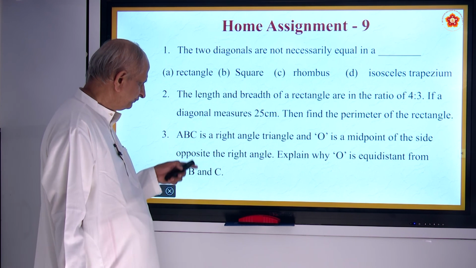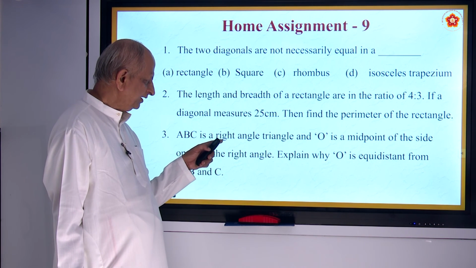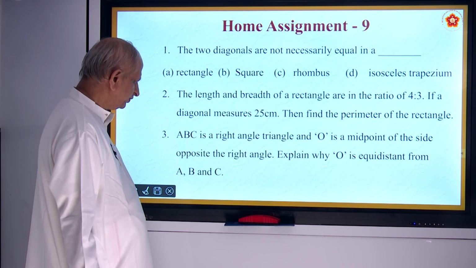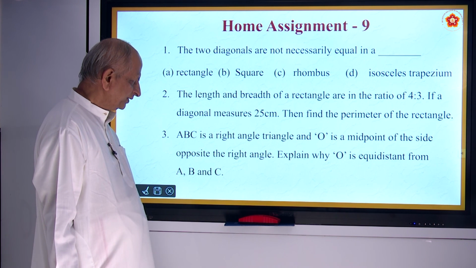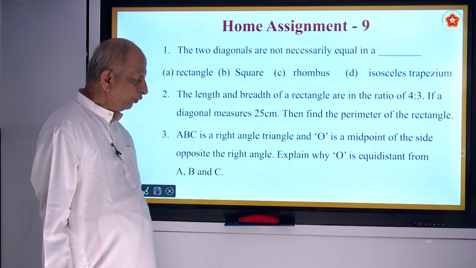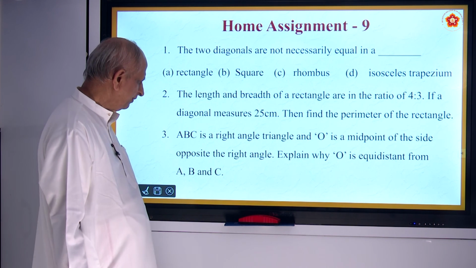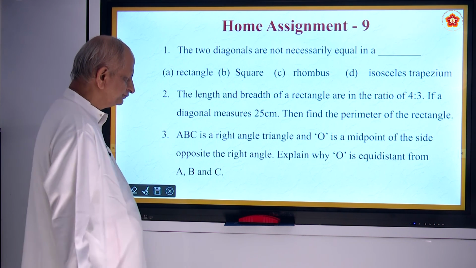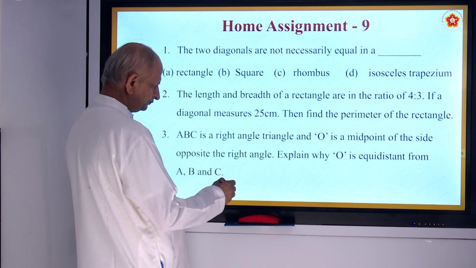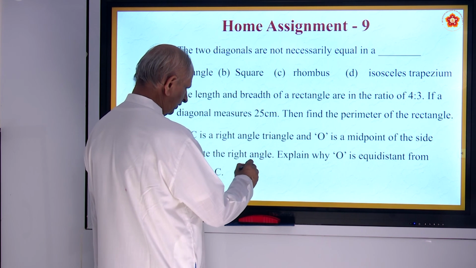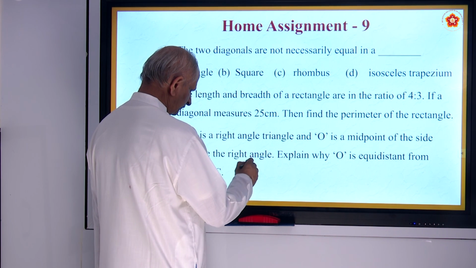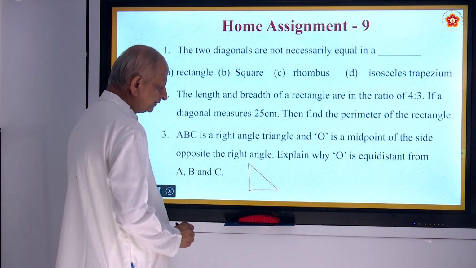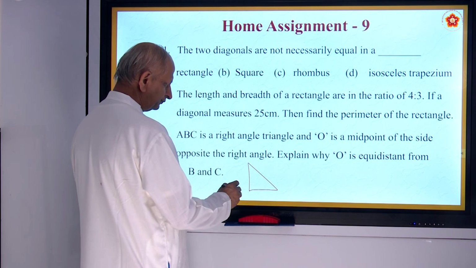Will you try? ABC is a right angle triangle, and O is the midpoint of the side opposite to the right angle. Explain why O is equidistant from A, B and C. So here ABC is a right angle triangle.